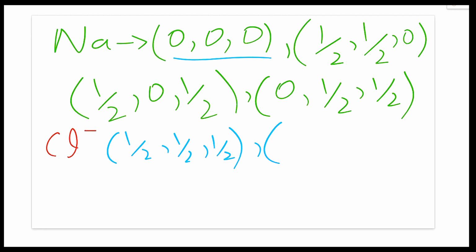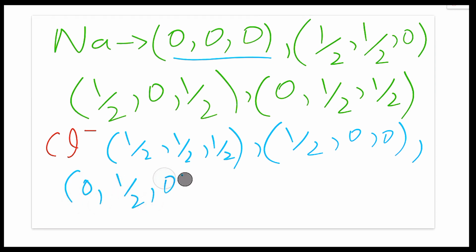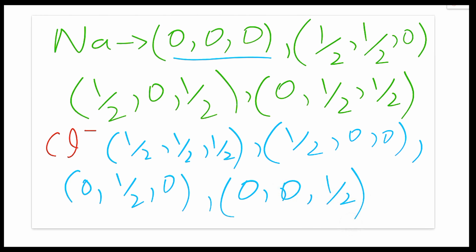Now we'll shuffle the position of half. So we have half, 0, 0, then 0, half, 0, and then 0, 0, and half. That is how you can easily find the position vectors of sodium and chloride ions in the NaCl structure.